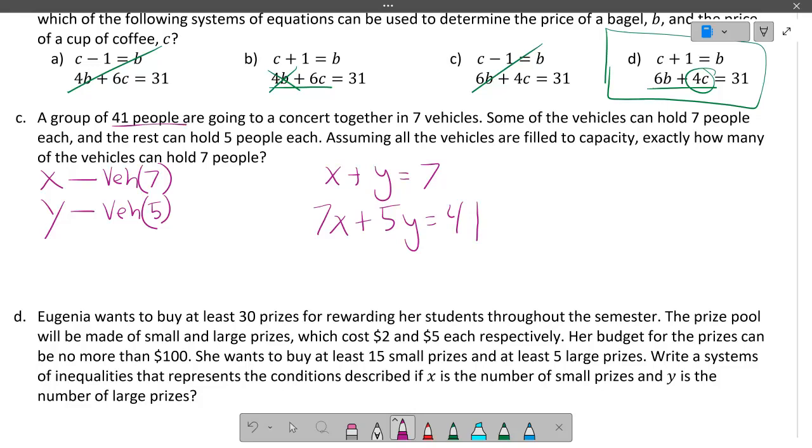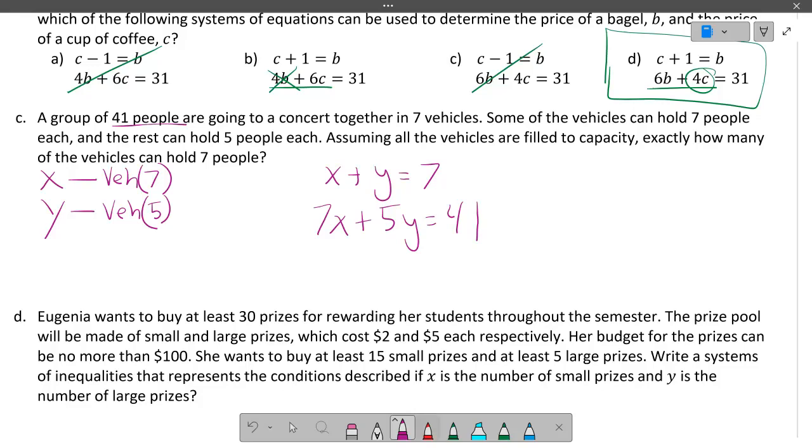Now, do I need to solve for both X and Y? No. Which one is the question asking for? X. So that's the only one I care about. So solve it in a way that gives you the value of x and gets rid of y. What could we do? The first one will put y equals.